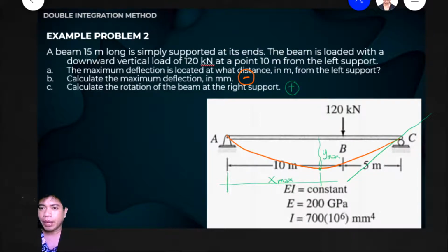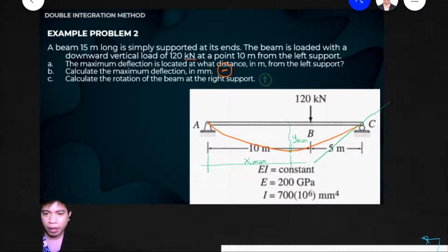So, paano ba natin ito makukuha, guys? So, una, kailangan natin i-assume saan ba yung ating maximum deflection? Sa first segment ba or sa second segment? Okay? So, punta muna tayo guys dun sa may ating solution. Okay, so para natin siya masasolve guys.